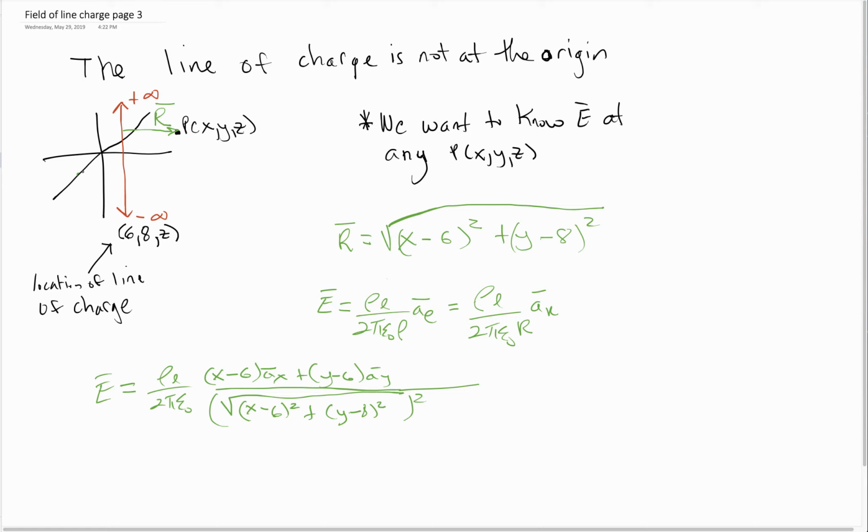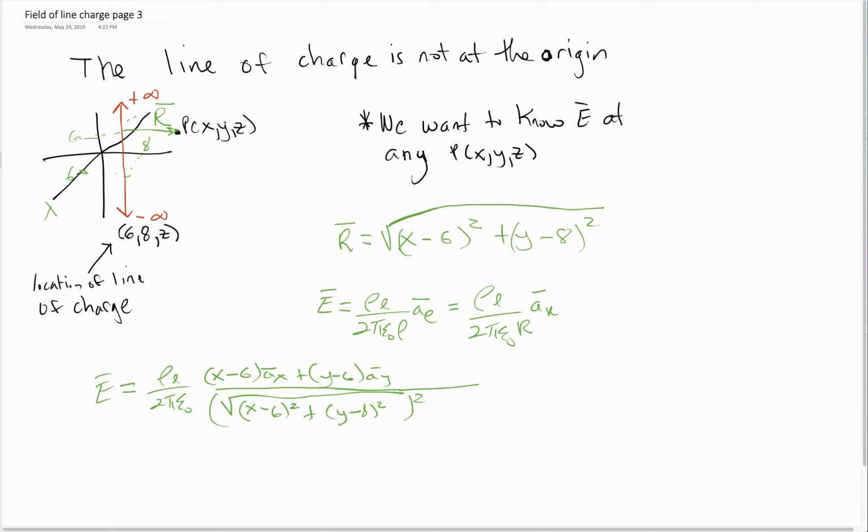So we could do 1, 2, 3, 4, 5. If this is the x-axis, this would be 6. And then on the y-axis, this would be 8. And so this would be 6 also at this point, and this would be 8 also, because it's going to be 6 and 8 away at every point.